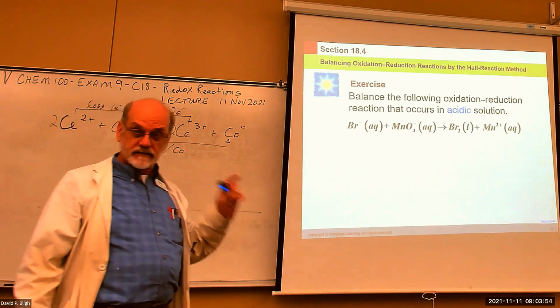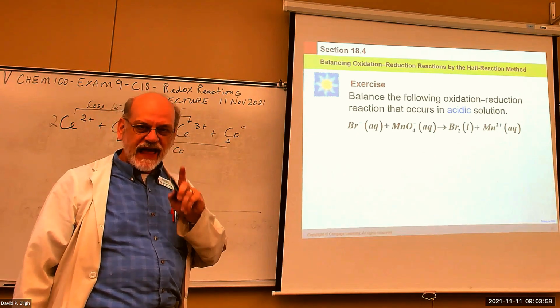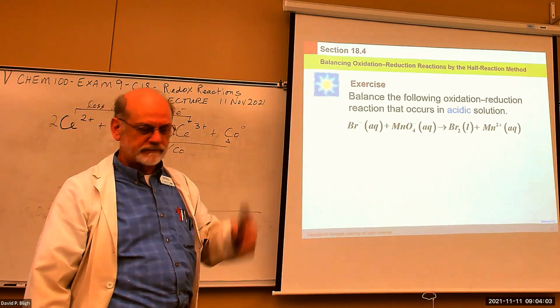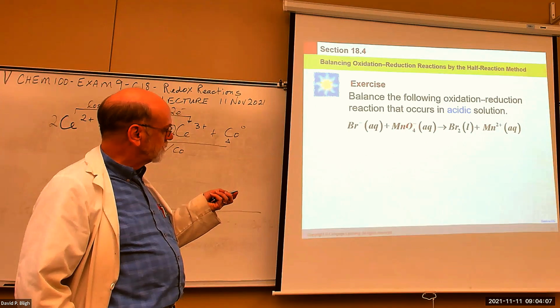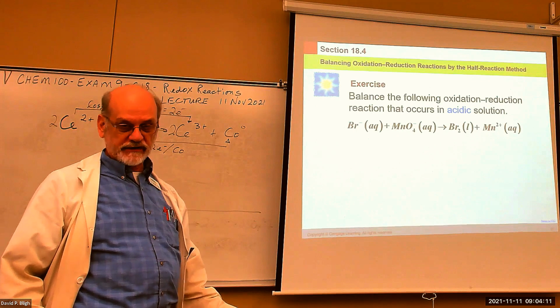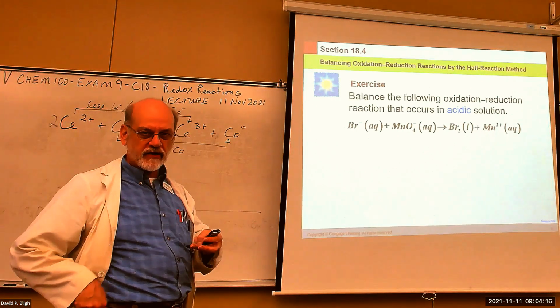Now this one, the clue here that you need half reactions with the full gamut of rules is that there's an oxygen here and it doesn't show up on the other side. We've got to account for it somehow. So this one, we would have to separate into half reactions.